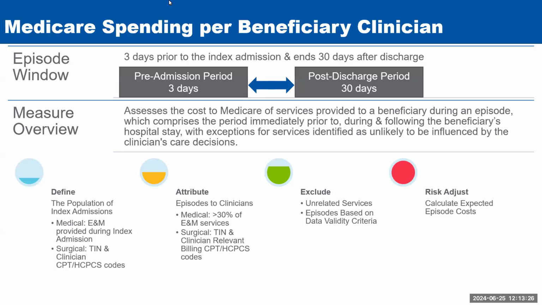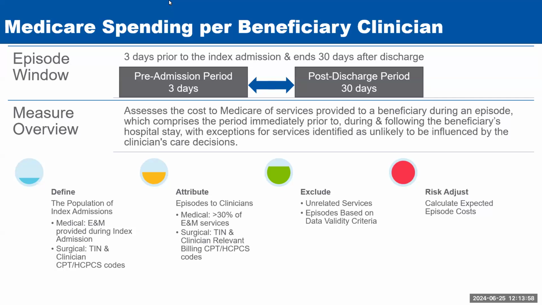Also, if that patient gets readmitted during that 30-day window, the clock starts again. Once that patient is discharged, you get an additional 30 days of discharge period. So if that patient is very complicated, you can actually have a lot of charges around that index admission. Again, this is really looking at the total costs of care around a specific inpatient stay.